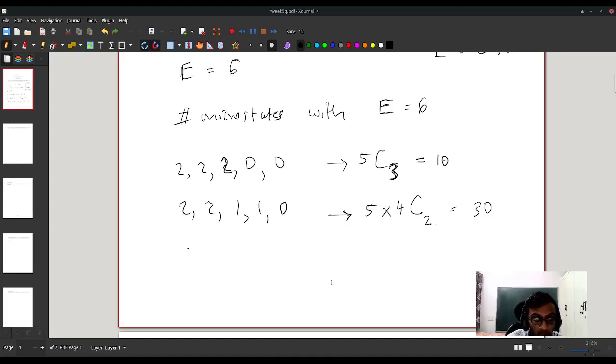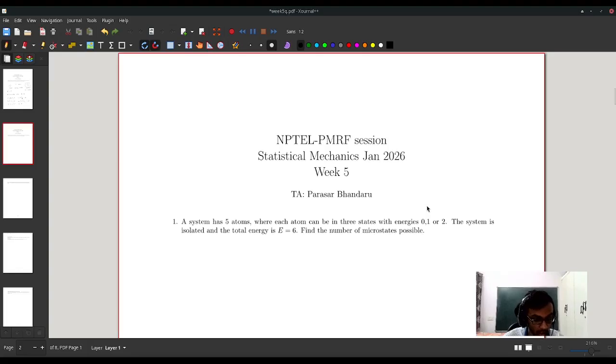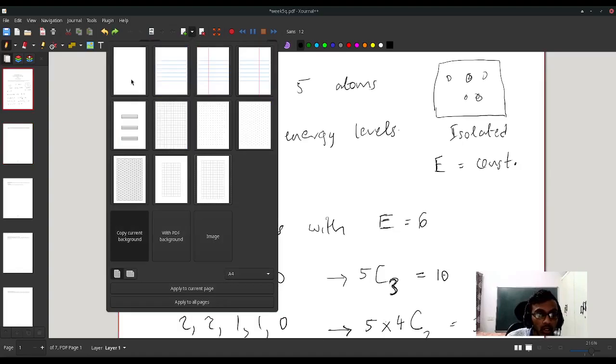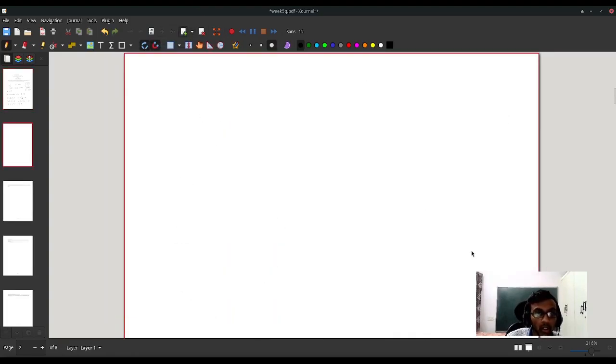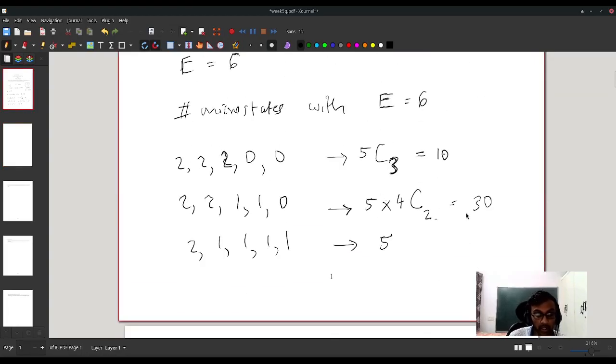So we can have 2, 1, 1, 1 and 1. So clearly there are 5 ways of doing this. And is anything else possible? Yeah, so we have so far listed these types of possibilities.